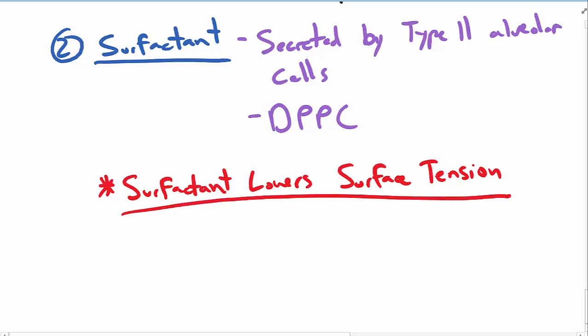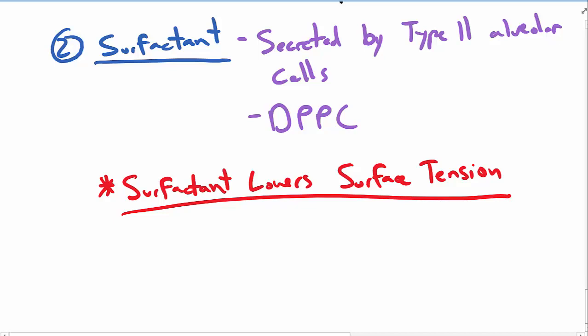Now, this is really important because, as we mentioned up above, the lungs have millions of alveoli, and the effects of surface tension are very great and would cause the lungs to be a lot harder to inflate if there weren't some mechanism by which we could decrease the surface tension. However, we do. We have surfactant.